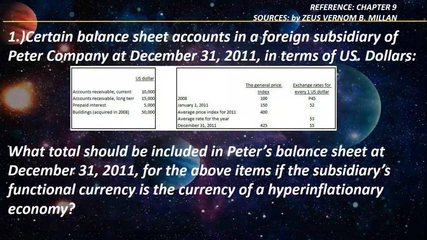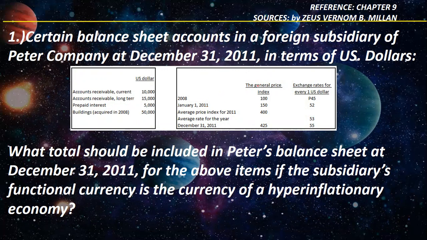The first problem: certain balance sheet accounts in a foreign subsidiary of Tether Company as of December 31, 2011, in terms of US dollars. We have here accounts receivable current, accounts receivable long-term, prepaid interest, and building, expressed in dollars as $10,000, $50,000, $5,000, and $50,000.